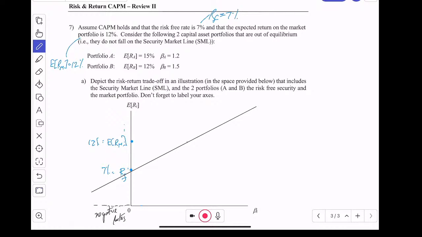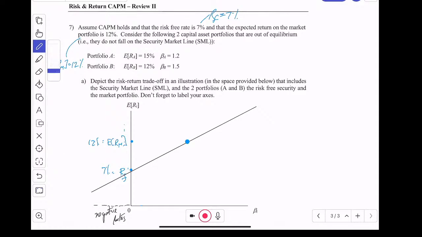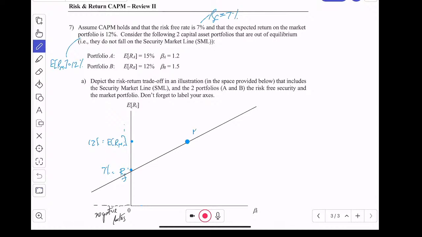All right, so we have here the market portfolio, and I put everything on, right?